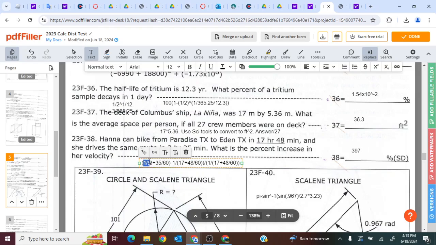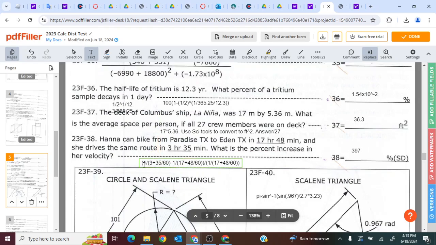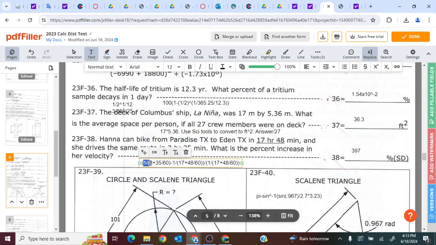So you have your faster car, which will be the one that takes less time. So 1 over that time, 3 hours and 36 minutes over 60 to convert to hours, subtracted from the slower time, which is using the same logic, 1 mile or 1 distance worth over the time, and then you divide it by the original.